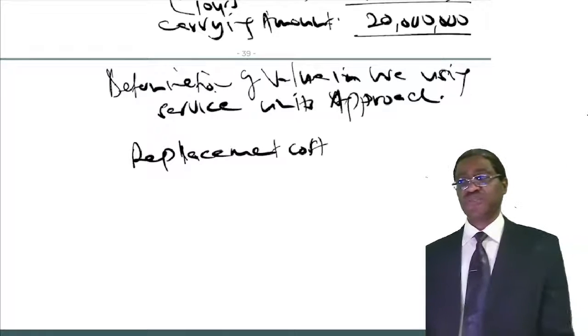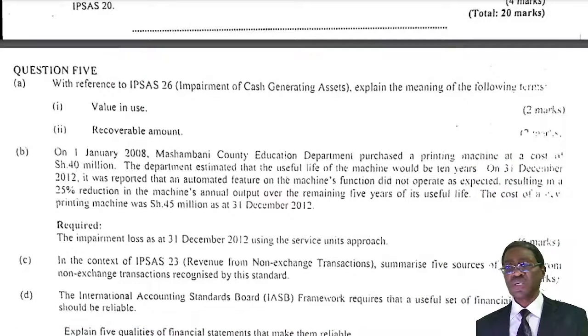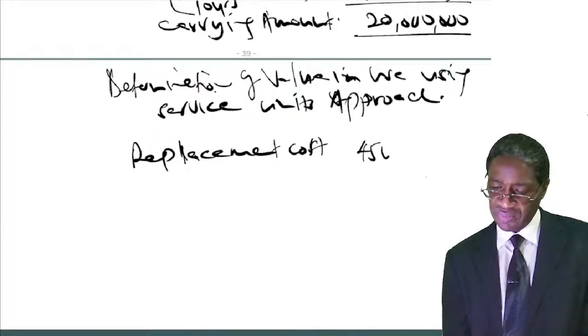What was the replacement cost of that machine? We were told, last sentence in part B, the replacement cost was 45 million.